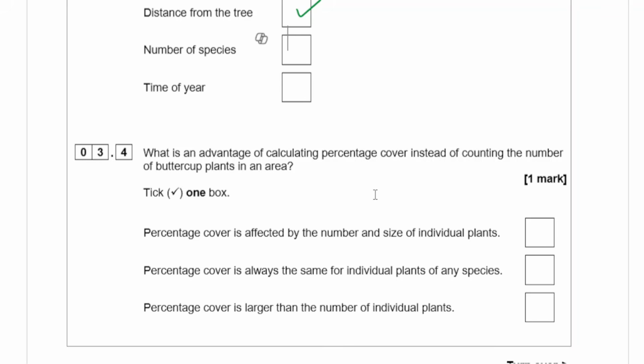That could also be percentage cover is always the same for individual plants, not for any species. Percentage cover is larger than the number of individual plants. Actually, the first one, percentage cover is affected by the number and size of individual plants.